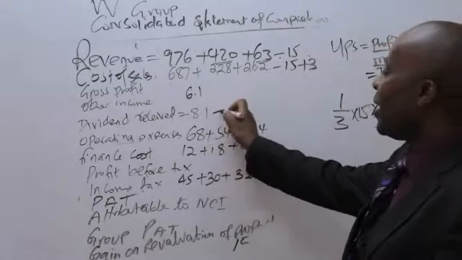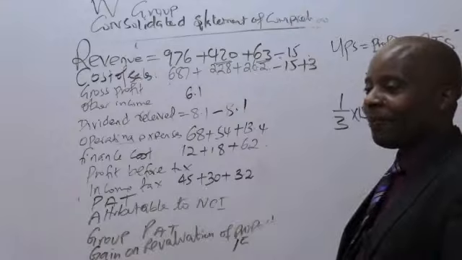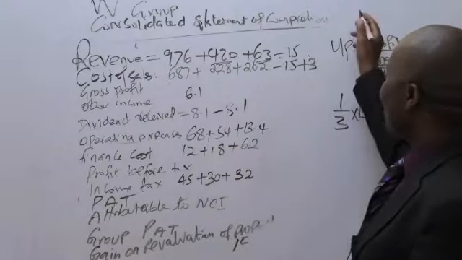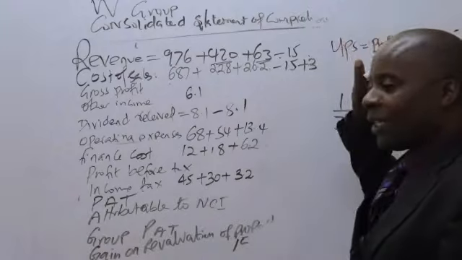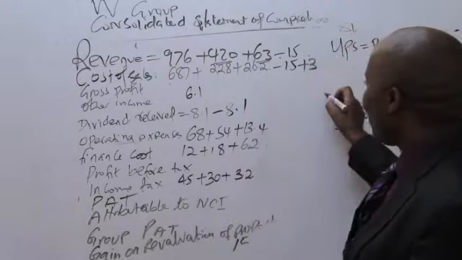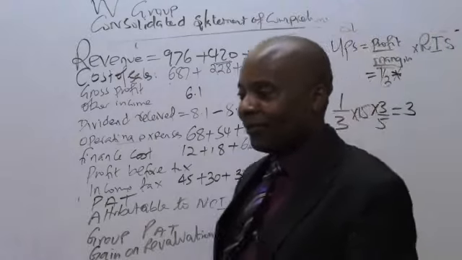So you say minus 8.1. So are you seeing that under dividends received, under this column here, you will have 0? Sorry, my handwriting is very bad, and that's why I don't teach FR.